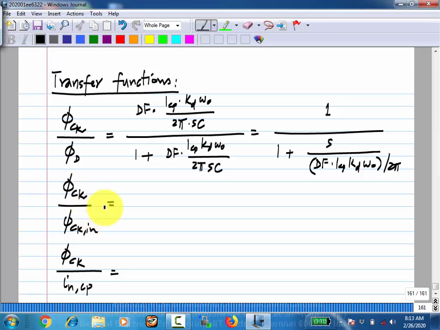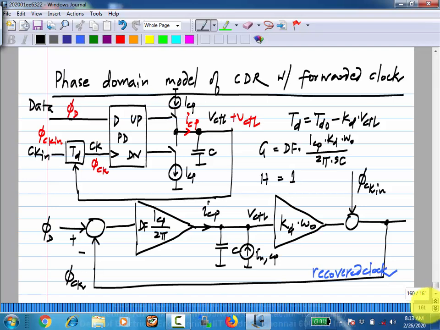What will be phi ck by phi ck in? 1 by that whole thing, right?